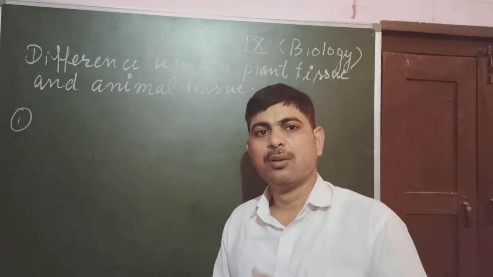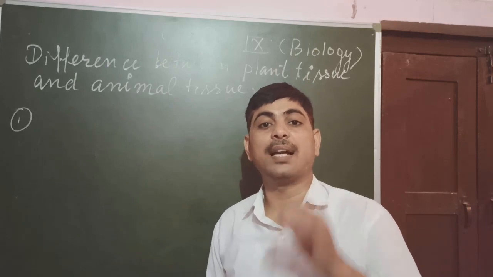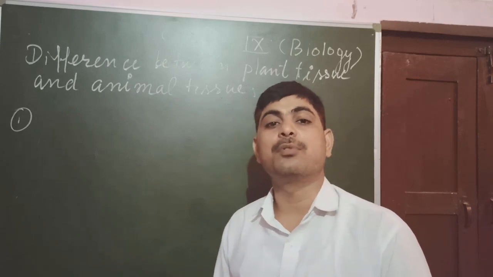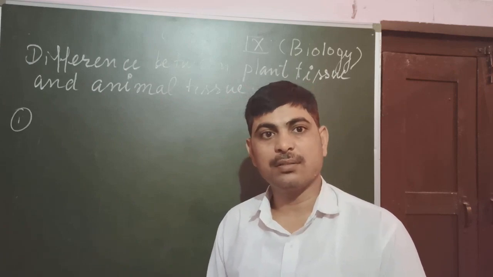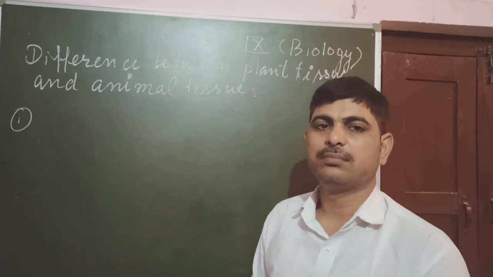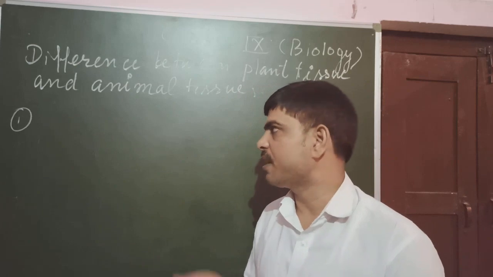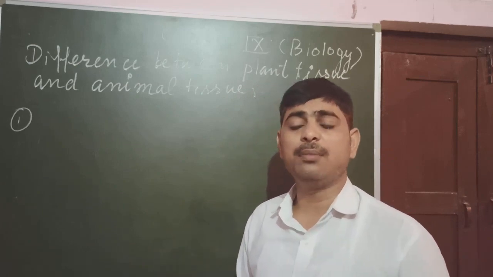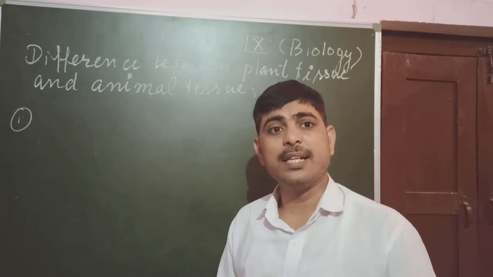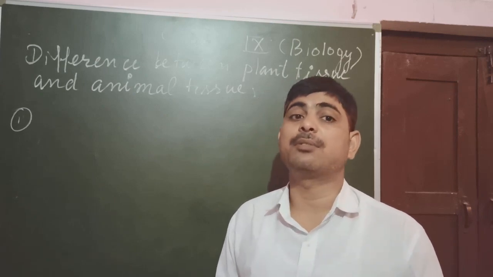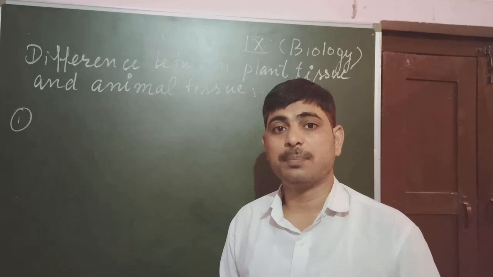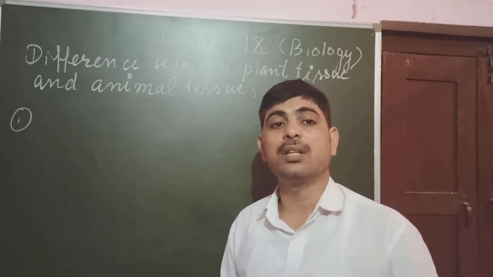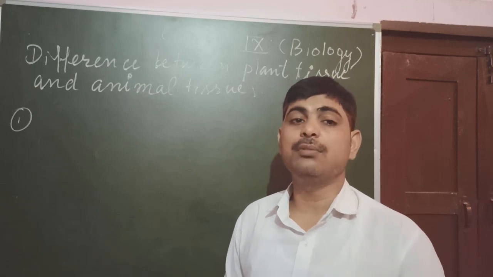That's why most of the cells in plants are dead, and those dead cells give the mechanical support to the plants. But it is just different in case of animals. In the body of animals, all cells are living and they perform particular function depending on the work assigned to them.